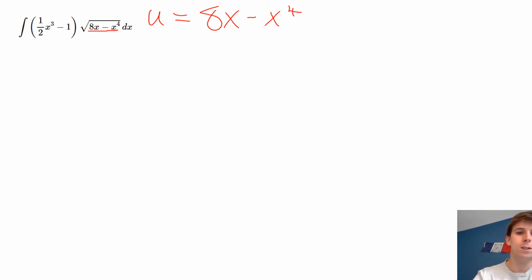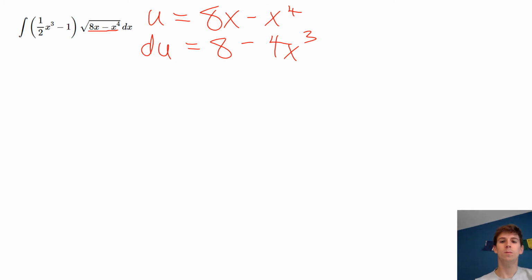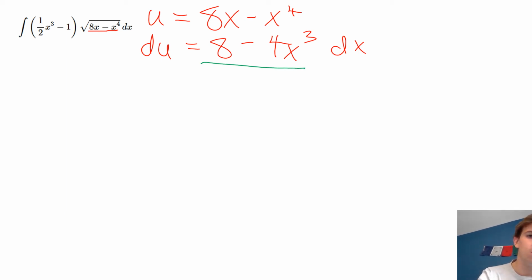And then once again, I'll just get the differential. So du equals 8 minus 4x cubed dx. All right, so now we run into a bit of trouble here. We have the wrong signs and everything here. So remember, we want to get this 8 minus 4x cubed to look like that, ideally. So we got to do a little bit of manipulation here.